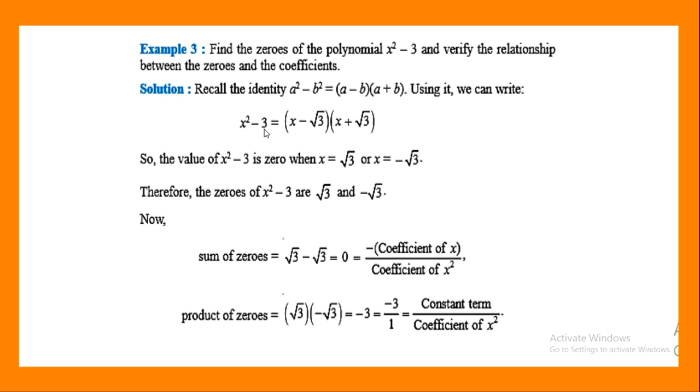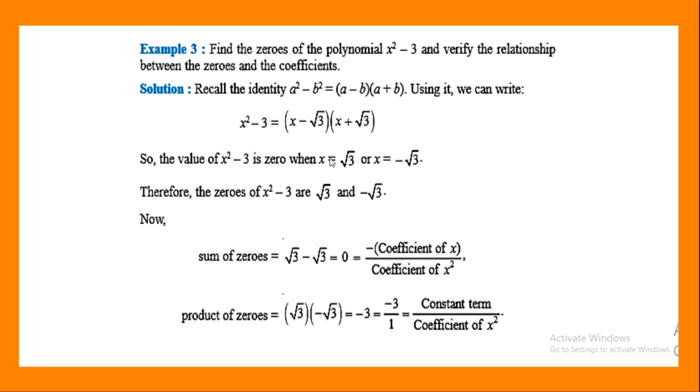So we have factorized this polynomial as the product of these factors, x minus root 3 into x plus root 3. And when x minus root 3 equal to 0 or when x plus root 3 equal to 0, the value of this polynomial will be equal to 0.